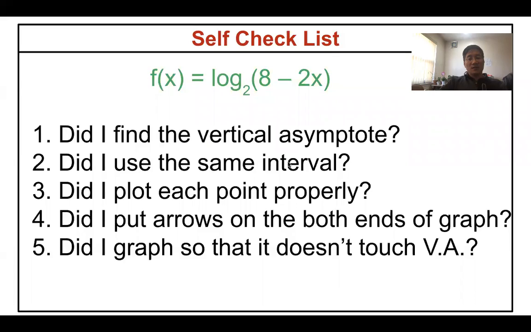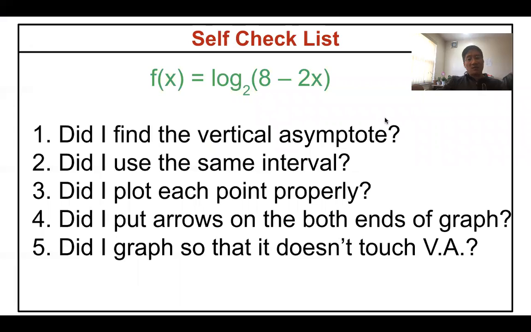Did I use the same interval? For an exponential function, we can change the y intervals, like the y scale. But for a log function, it is the opposite because it's the inverse function. So you change the scale for x.